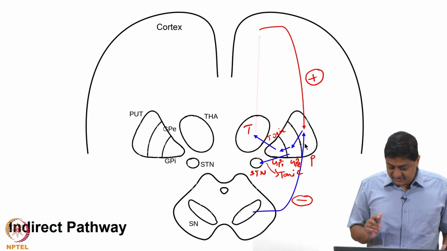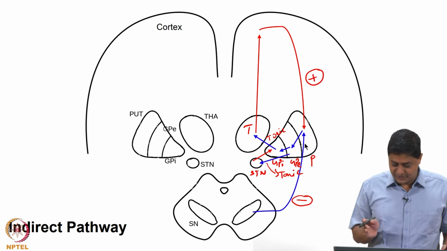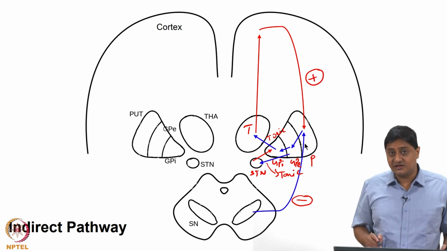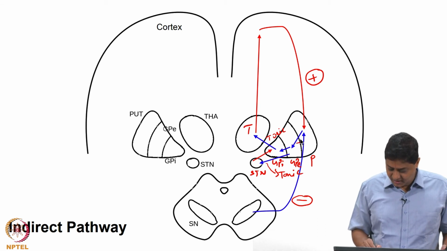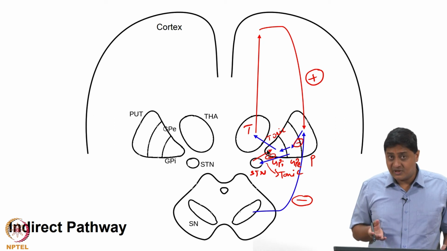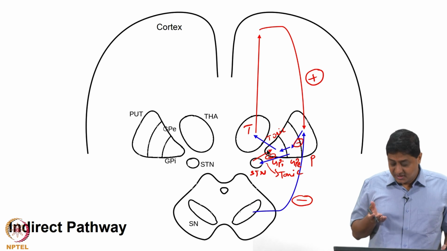Important to note is that the subthalamic nucleus itself is having an excitatory influence on the globus pallidus internal. So, that means essentially there is one minus here and another minus here, and these two minuses cause an increased probability of excitation of the subthalamic nucleus, increasing the activity of the subthalamic nucleus neurons.